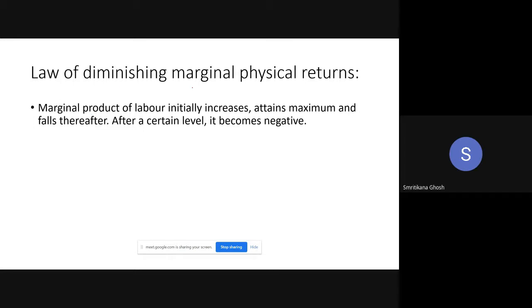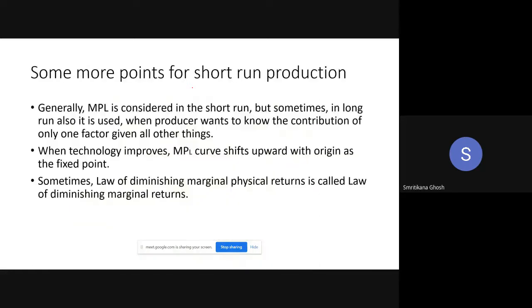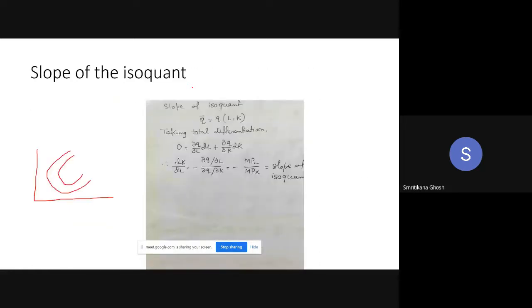So based on that, your isoquant is initially convex, then it is infinitely sloped, and then it is positively sloped. So the line becomes this. Yes, ma'am. So this is the shape of the isoquant. Any other question?